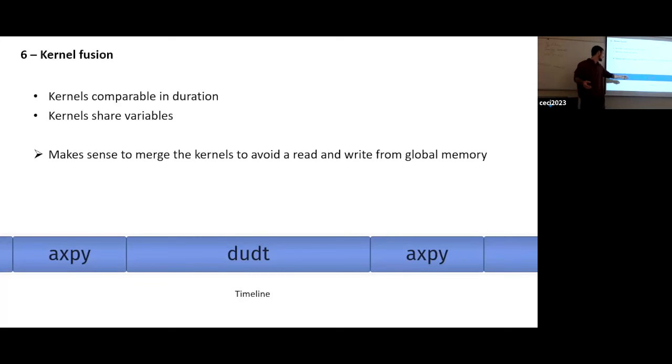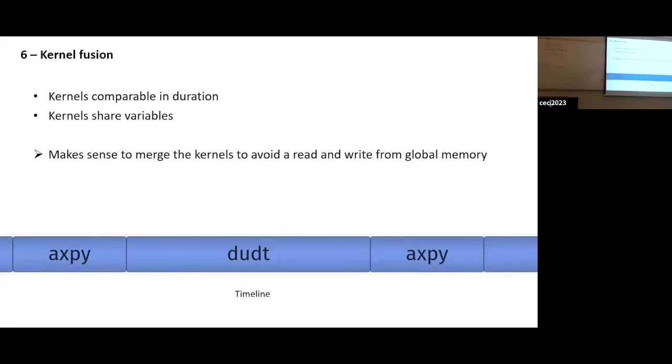So dudt computes the derivative, stores it in the buffer, and then we add the derivative to the solution, thus giving us the next time step. Simple temporal scheme, we don't care about it. But since we improved the dudt function very significantly, we now reach a point where the dudt function is actually very comparable to the AXPY, which simply adds the results.